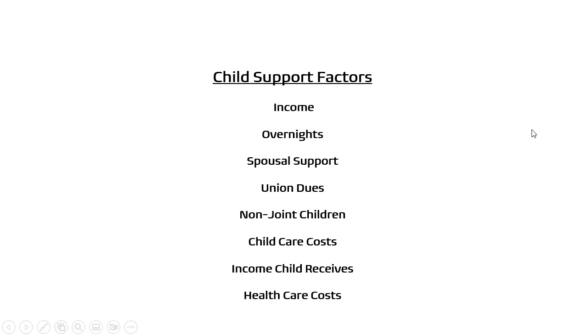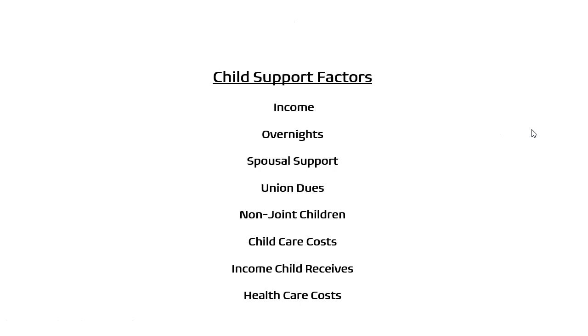So let's talk about the factors that go into the calculation, and here they are. This is everything that goes into the calculation right here. Now, obviously, the two big ones are income and overnights, but then there's also spousal support that is either paid or received, union dues, non-joint children, that is children that you have that are not at issue in this case, but subject to a child support order, childcare costs, income the child receives, and healthcare costs that you pay for yourself or for the child.